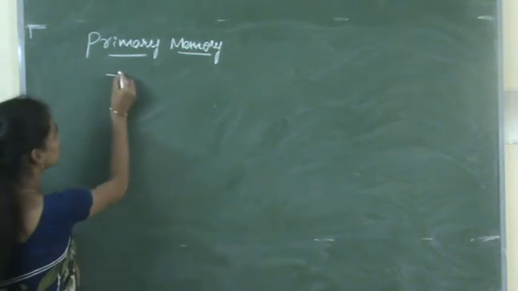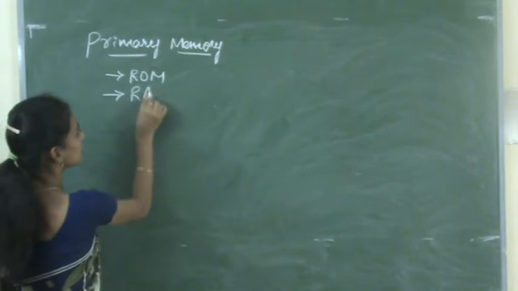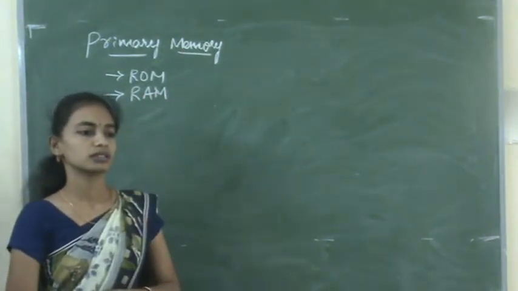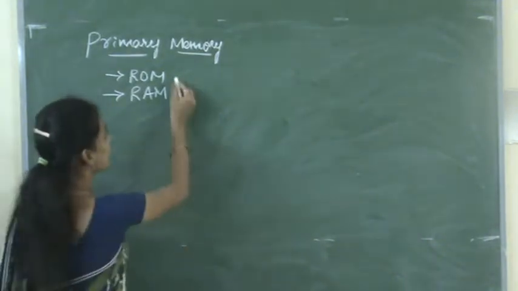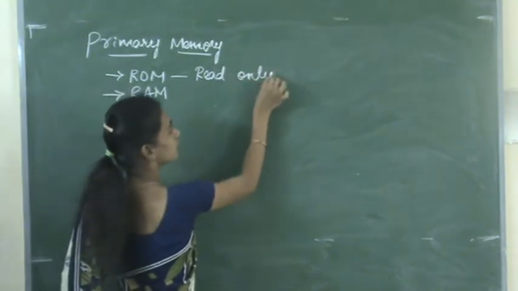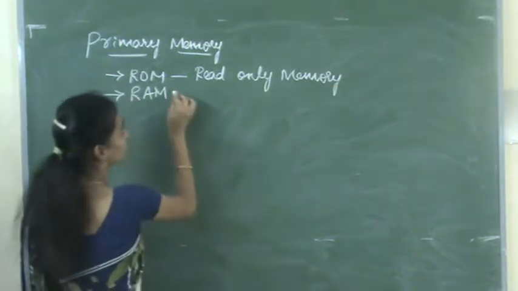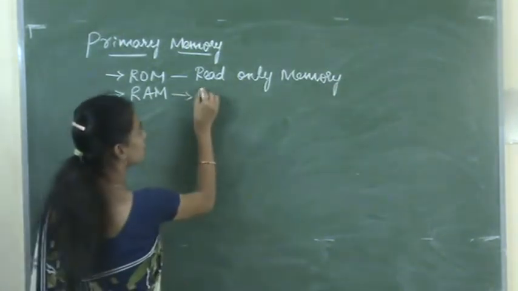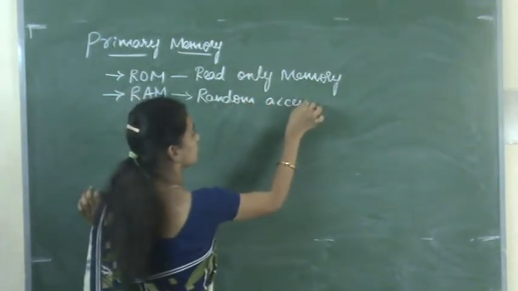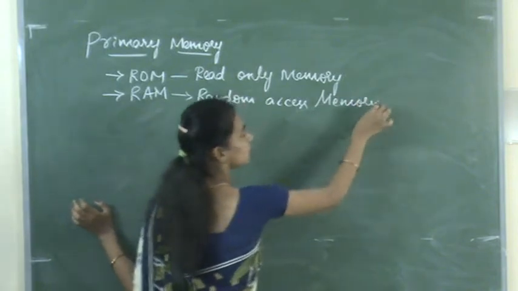One is ROM, another one is RAM. This ROM stands for read only memory, and this RAM stands for random access memory.